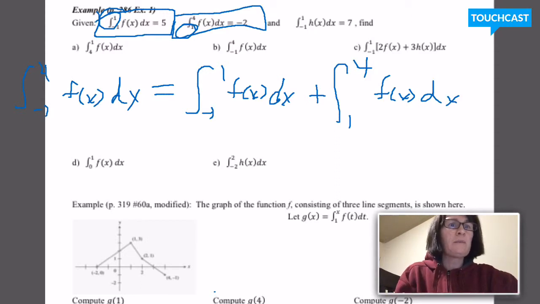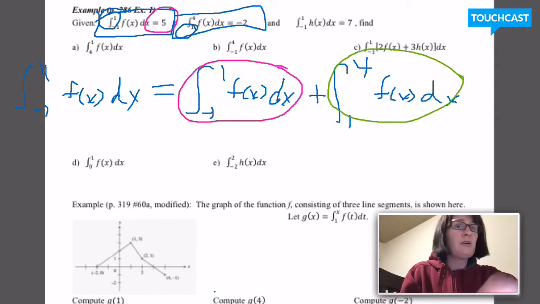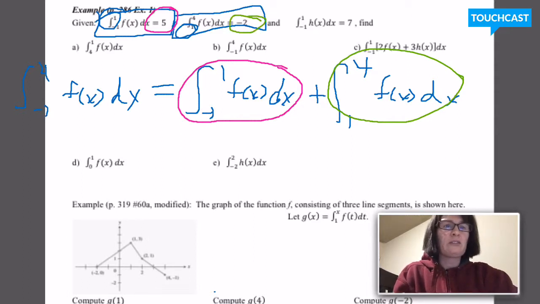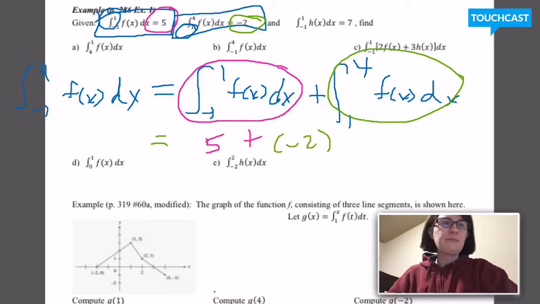Well, this part, the integral from -1 to 1, I've been given. This part, the integral from 1 to 4 of f of x, I've also been given. So my final answer is that that's going to equal 5 plus -2, which makes a total of +3.